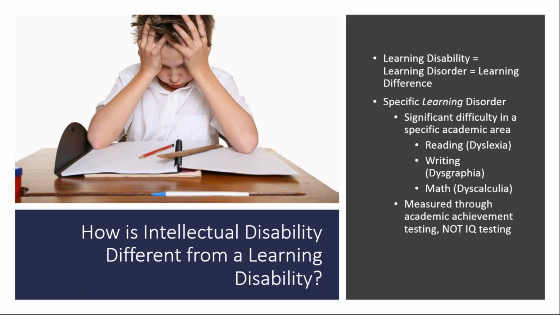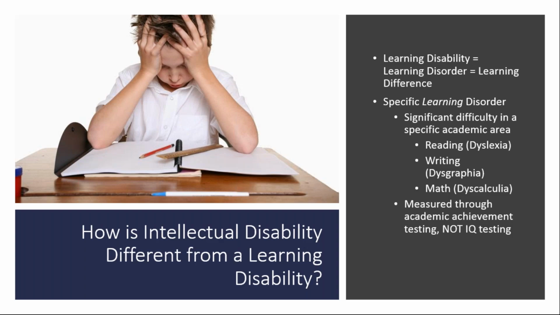So IQ testing is always going to be a part of how we look at an intellectual disability. But for a learning disability, we're really trying to zero in closely at the actual academic areas, whether that's through standardized academic testing or also through looking at performance at school, talking with teachers, how are they doing on different state-based tests, for example, and that's going to give us more information about a learning disability.